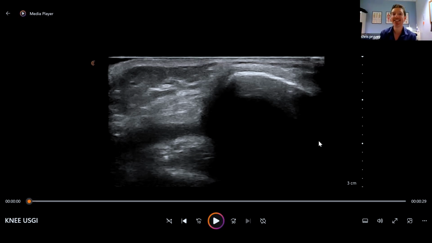Hi, Chris. There's a message in the chat box from David saying it looks like you're using a wireless probe connected to a laptop. Do you find they are sufficiently diagnostic compared with cart-based systems? Yes, for most stuff. I wouldn't use it in a radiology department.